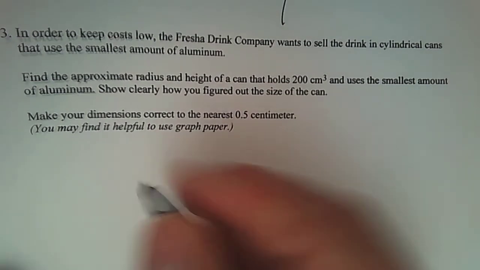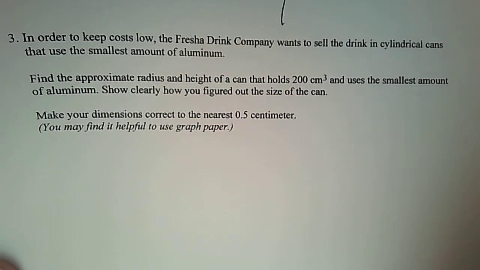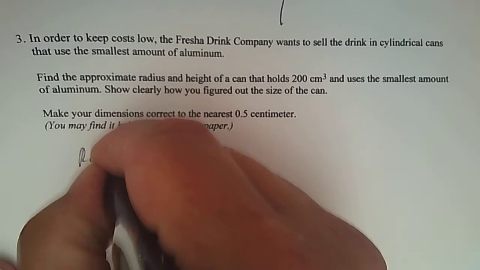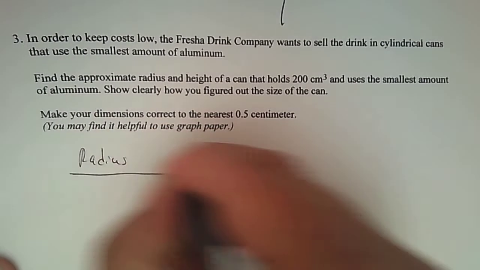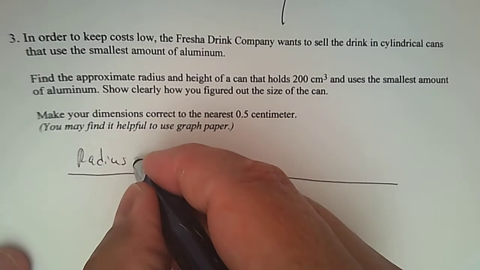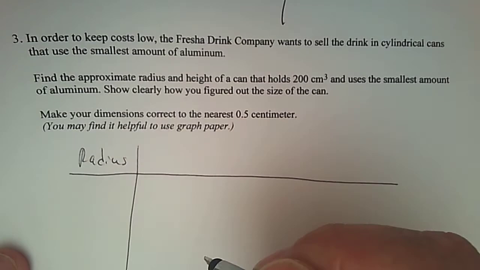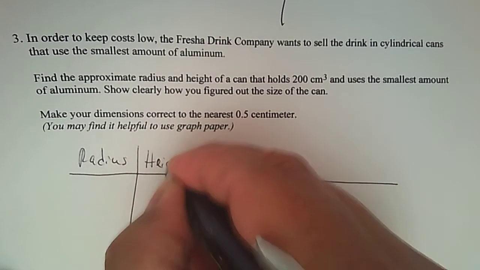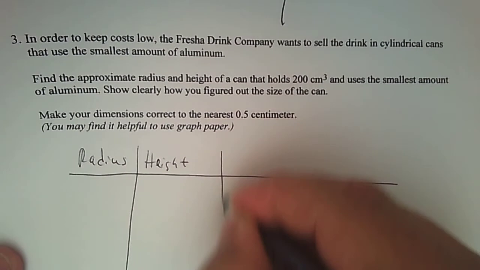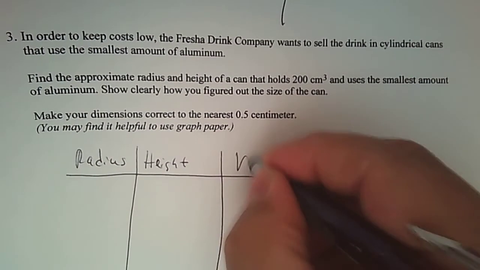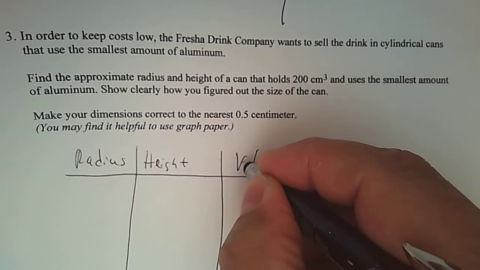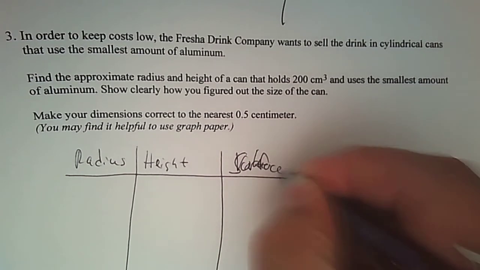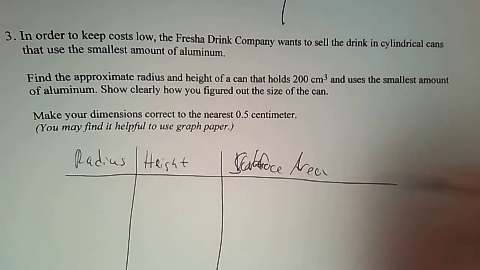So we already have, and we're going to just do a table of values here. So we're going to use radius, height, volume, and surface area. That's the surface area of each one.